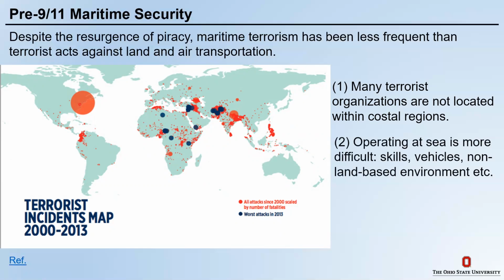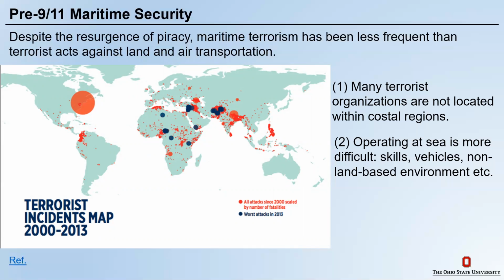And secondly, operating at sea is more difficult. You have to train your members to have skills, for example, how to use a ship, how to swim, how to board a ship. You need skills, you need vehicles, you need a non-land-based environment to carry out maritime terrorist attacks.